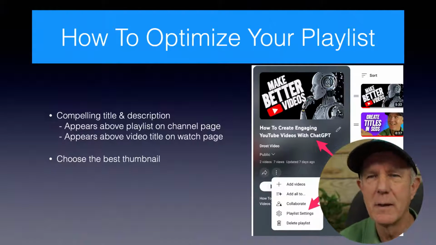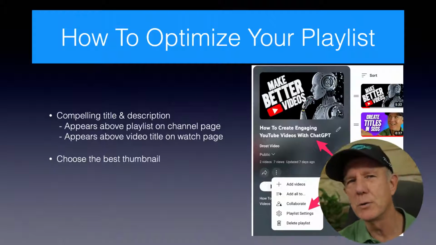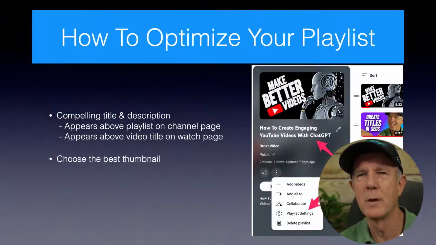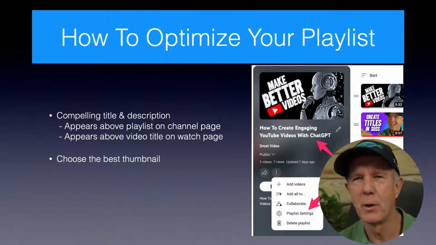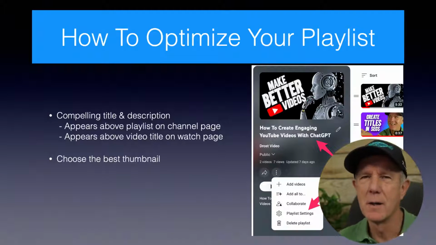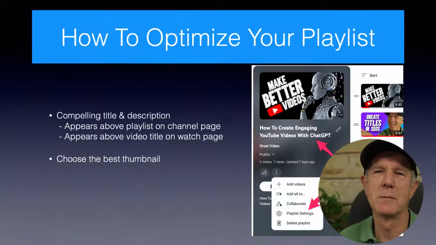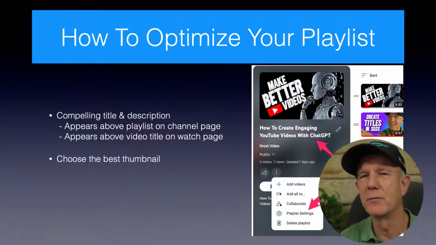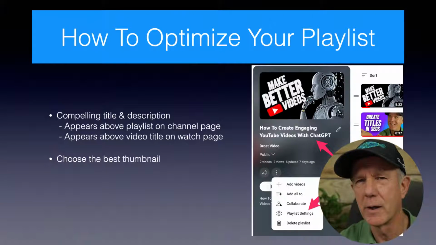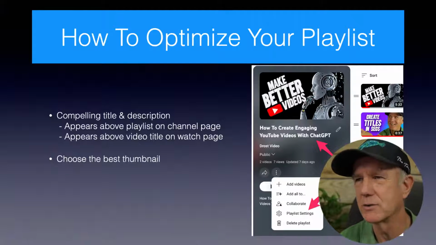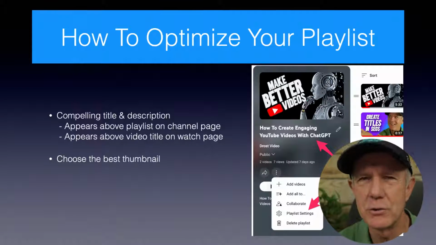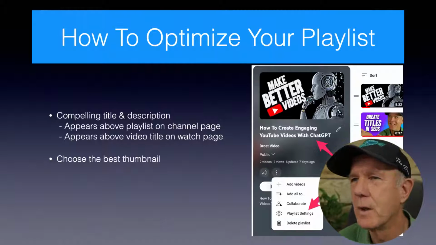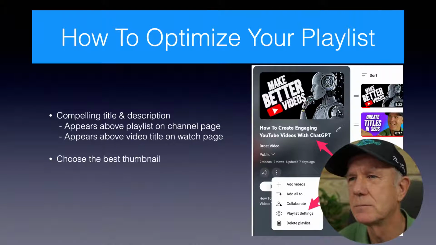So in that way, you've got your video starting off the playlist, then you've got your collaboration video from another creator in that playlist. So that's a way you can do collaborations using playlists. So let's look at the playlist settings.